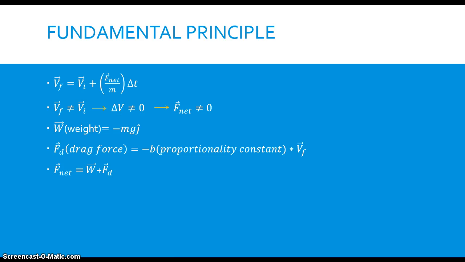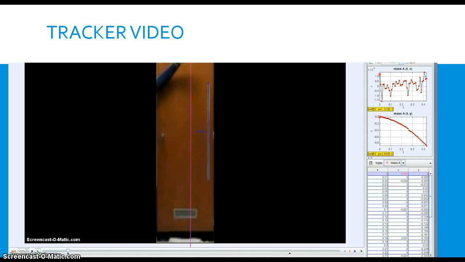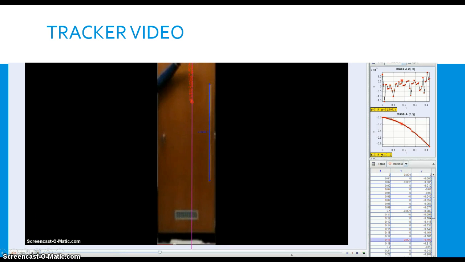So if we look at the Tracker video here, we can see the increasing space in between the point masses in each frame. And here you can see the change in y position over time, which is also shown as a table to the right.